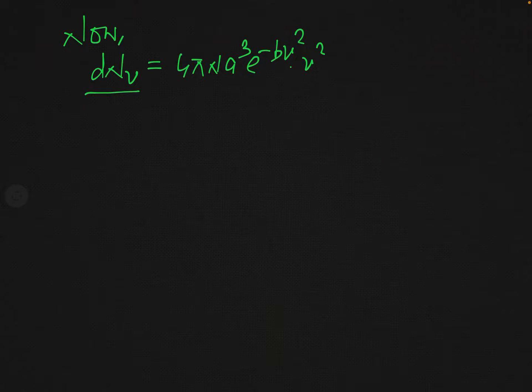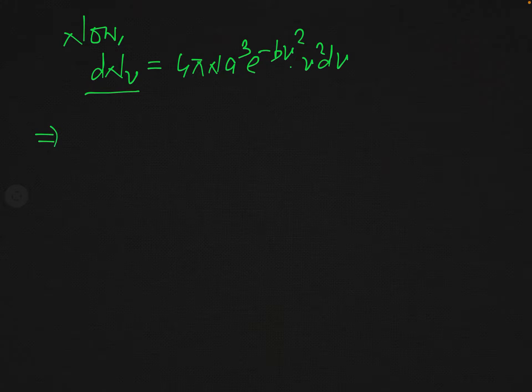So now you know the number of molecules having a speed between v and v plus dv. We have denoted it by the symbol dn_v, and we have obtained earlier that this is 4 pi n a cube times e raised to the power minus b v square times v square dv.